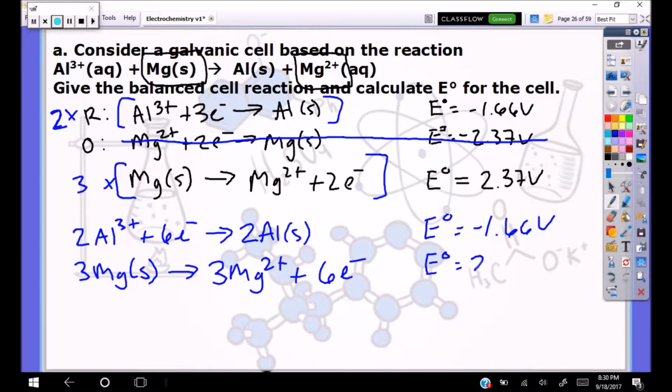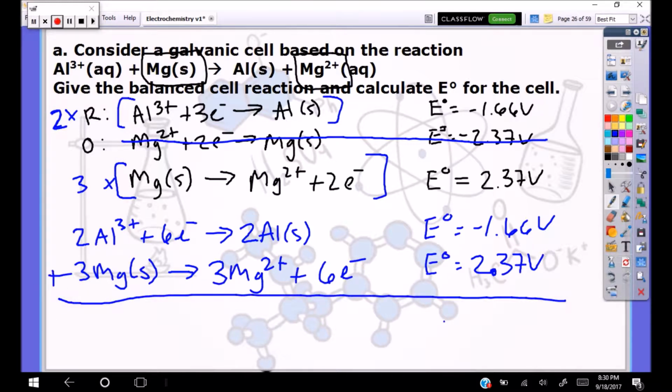Okay, 2.37 volts. Make sure we got that point there. Okay, well now we know that the electrons will balance, so we can go ahead and add everything together. When we add, our 6 electrons will cancel out, and we'll be left with our balanced equation, and we want to add our cell potentials together.